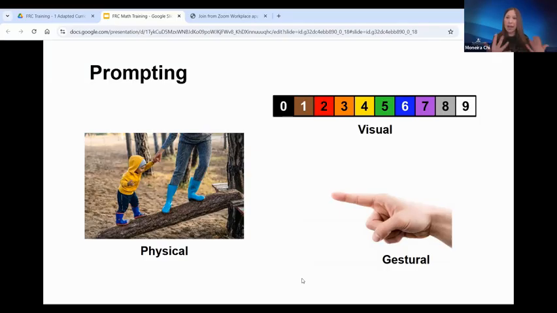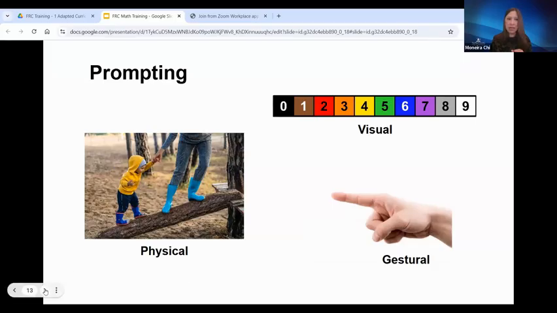And we always want to consider how we can fade those prompts away over time so that our children don't become dependent on them. Our whole goal is for them to become independent with all of these skills over time. All right. So we might need to consider how much time our child needs at each level of prompting before we can start to fade that away and allow them to do it on their own.